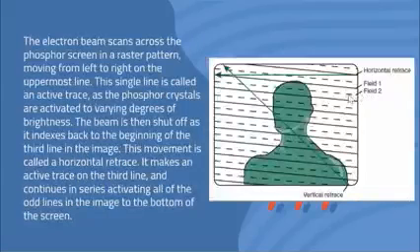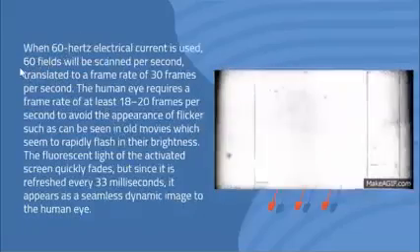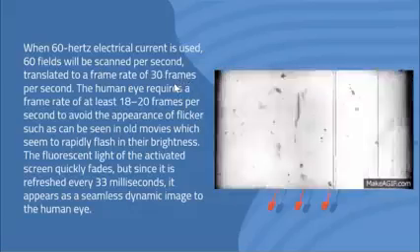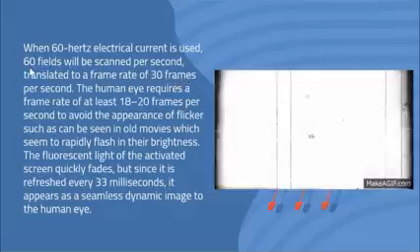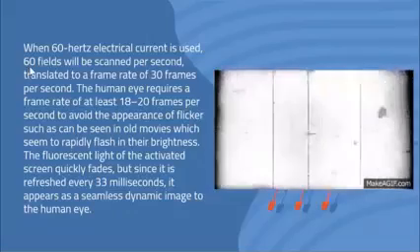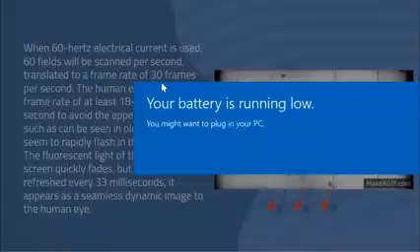Of course, they come in pairs. So that means your 60 Hz will produce 60 fields and will produce a frame rate of 30 frames per second. Since the fields come in pairs to produce one frame, you have to divide 60 by 2 to create 30 frames per second.